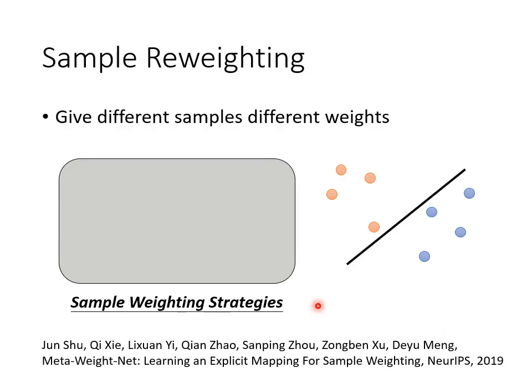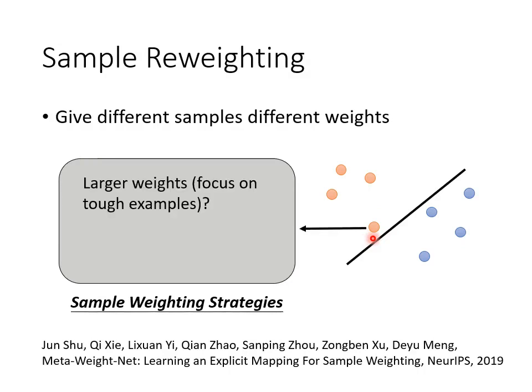Different papers can have completely different strategies. For example, for an example close to the boundary, with larger loss, some people will tell you that this example needs larger weight, so your learning algorithm can focus on this especially difficult example.